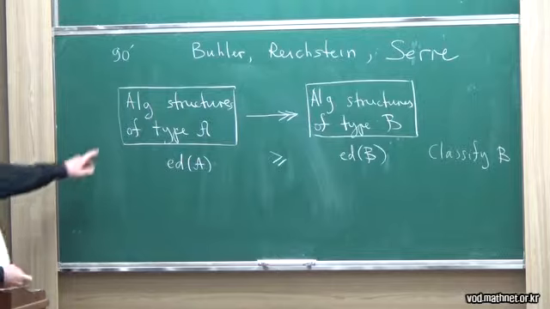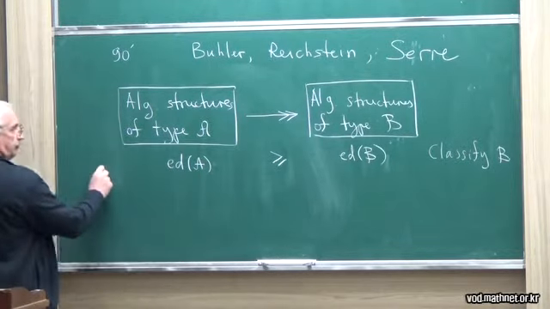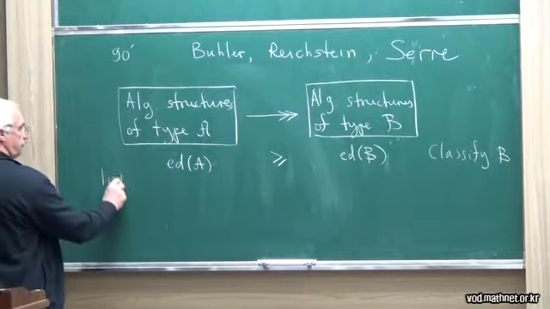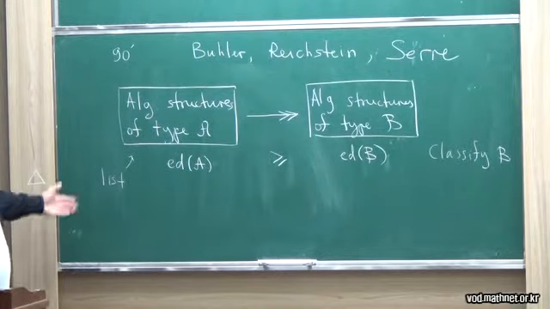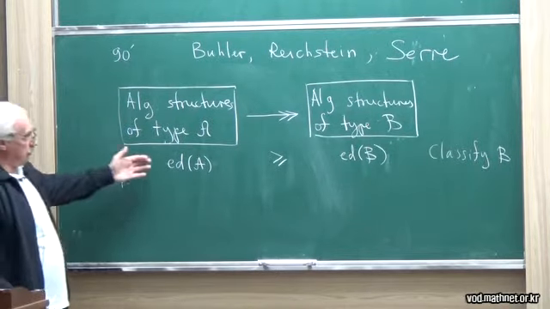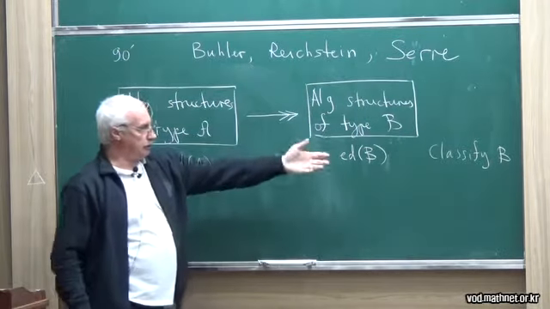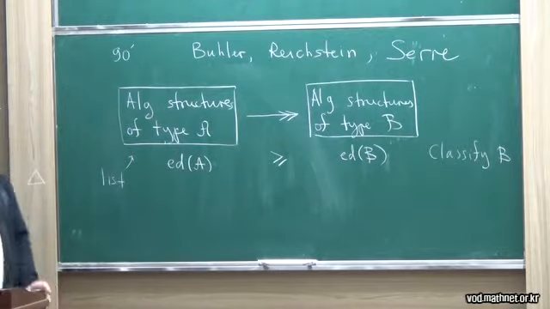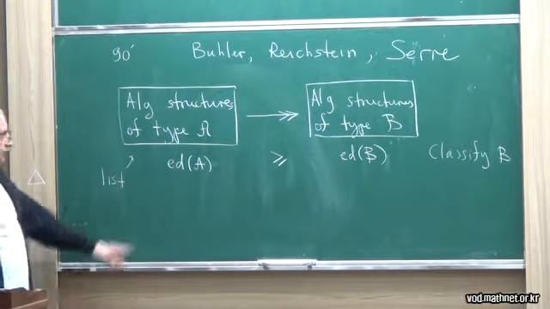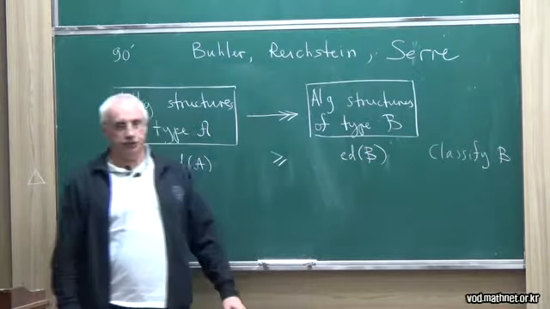And suppose this type A structure gives this list of all possible structures which appear for B. And of course, the classification is complete if you have a surjective map, so every object of type B comes from the list. In this case, the essential dimension of the list should be at least the essential dimension of B.